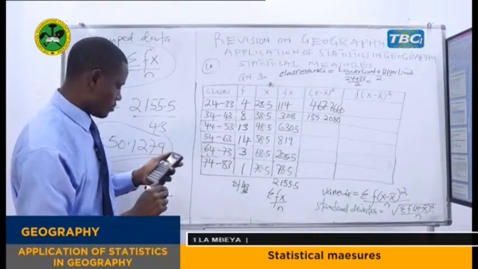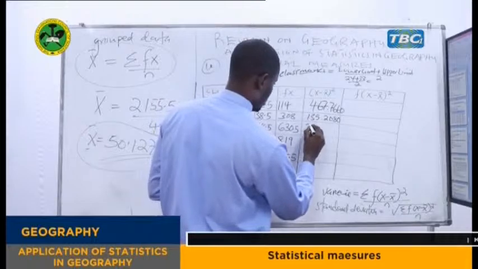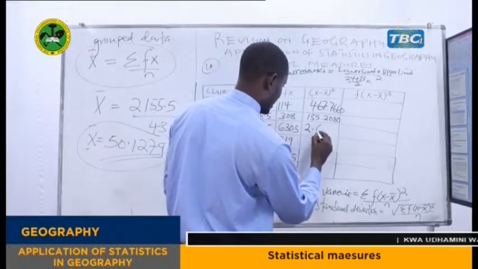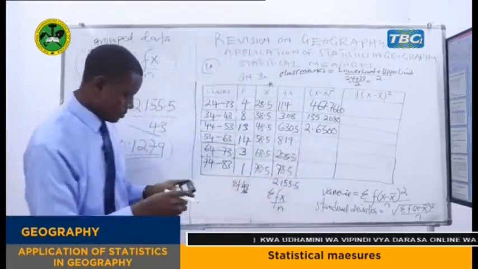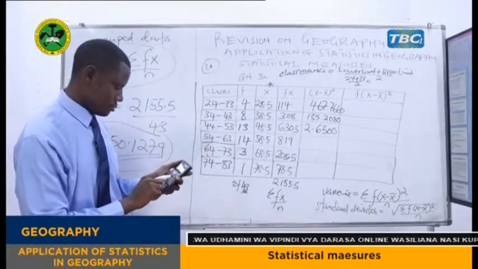Then we come up with 2.6500. Then we go for the next column, that is bracket.